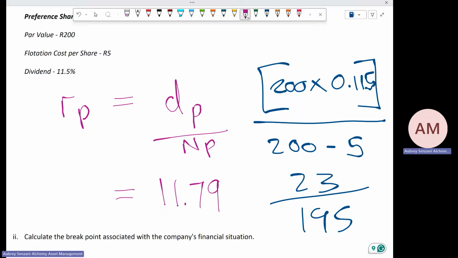Interest on debt is tax deductible, but dividend payments are not. So that's the reason.